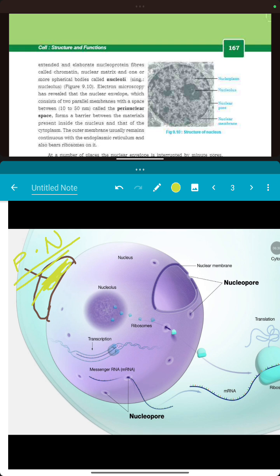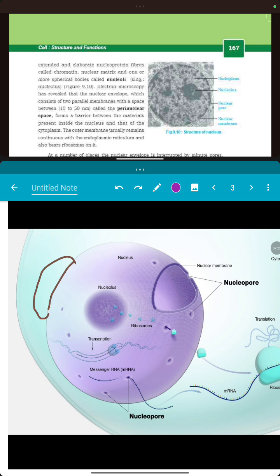It forms a barrier between the materials present inside the nucleus and that of the cytoplasm. So this was inside, this was outside, so it will be the barrier. The outer membrane usually remains continuous with the endoplasmic reticulum.